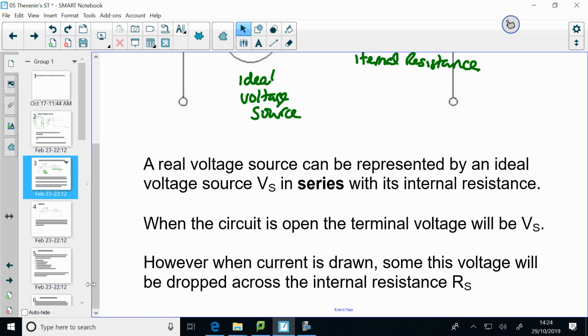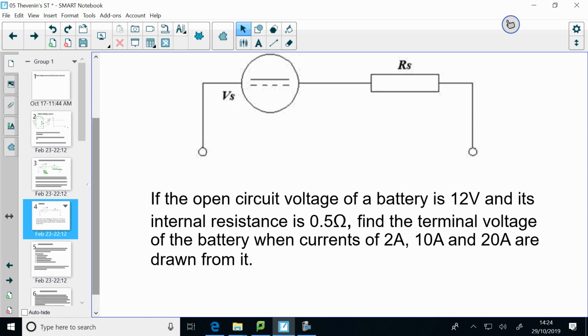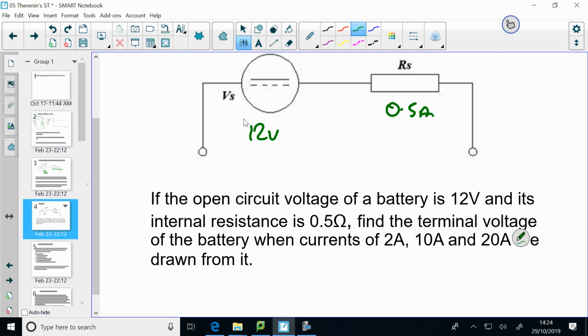If we look at that in a calculation, have a look at this example. The open circuit voltage of a battery is 12 volts, and it has an internal resistance of 0.5 ohms. Find the terminal voltage of the battery when currents of 2 amps, 10 amps and 20 amps are drawn from it.